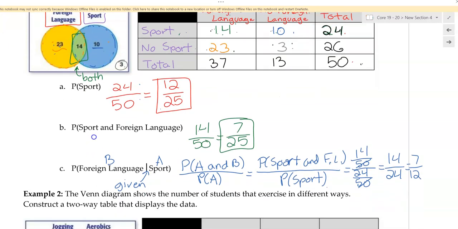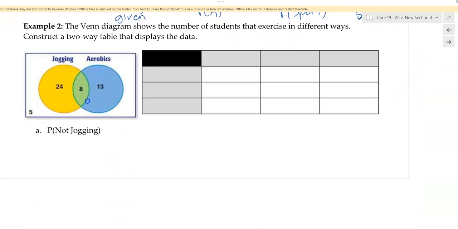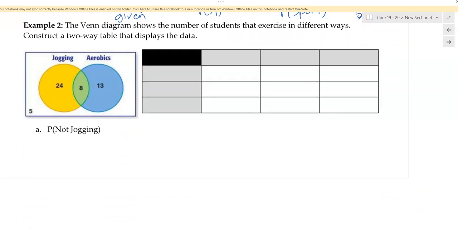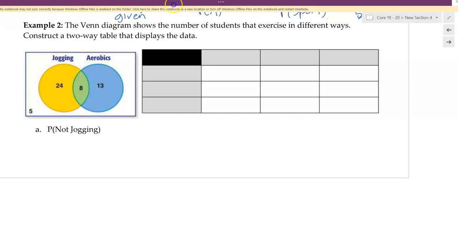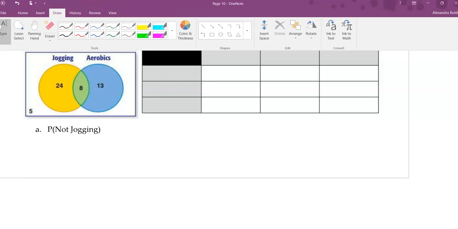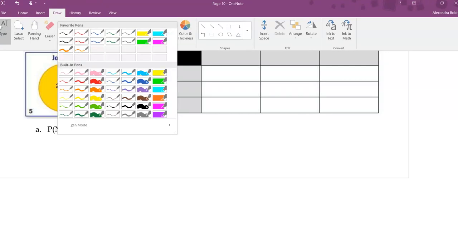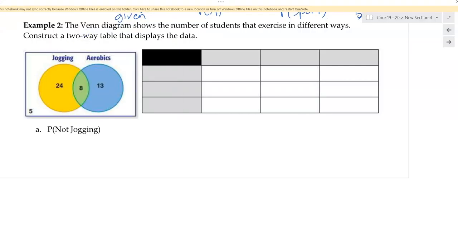All right, looking at example 2. The Venn diagram shows the number of students that exercise in different ways. Construct a two-way table that displays the data. Okay. So same thing, I'm going to start with my group headings. So my first heading is going to be about jogging.